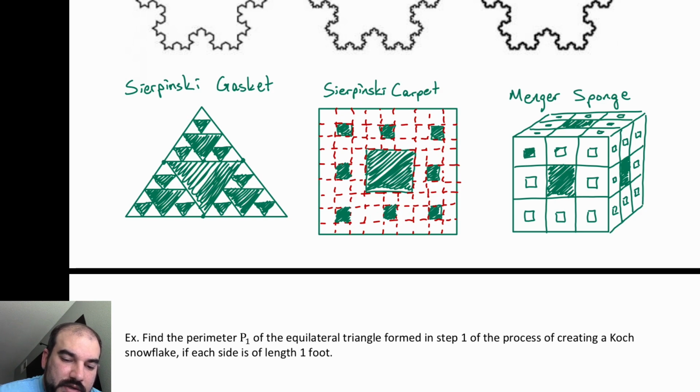Right, so all of these little cubes would be removed from those cubes, and we get a two-step iteration of the Menger sponge as a picture.